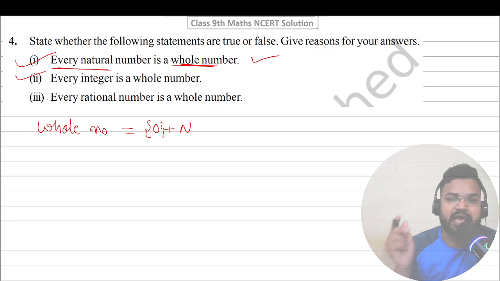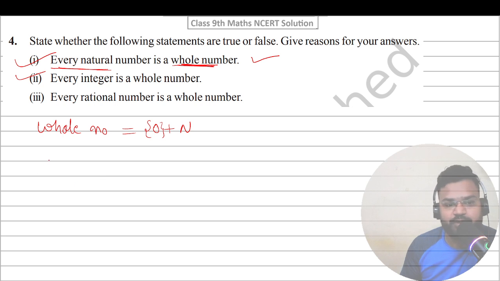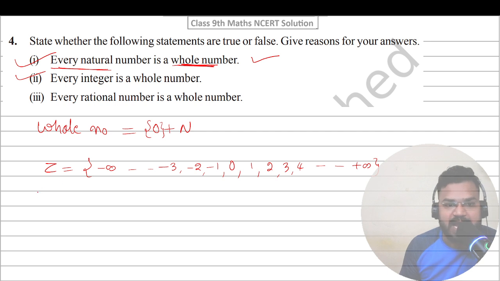Next, second is integer. Every integer is a whole number. So no, because an integer is what? Integers are minus infinity, minus 3, minus 2, minus 1, 0, 1, 2, 3, 4, up to plus infinity. And whole numbers, denoted by capital W, are 0, 1, 2, 3 up to infinity.